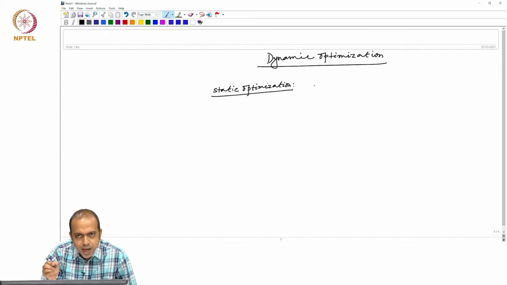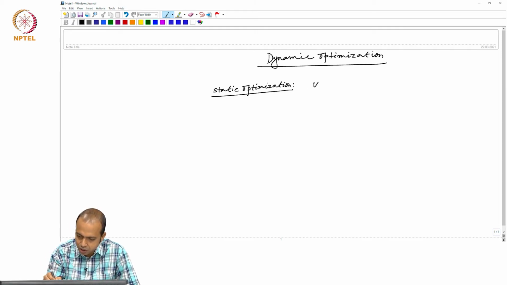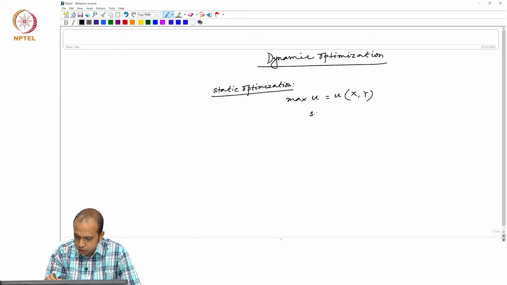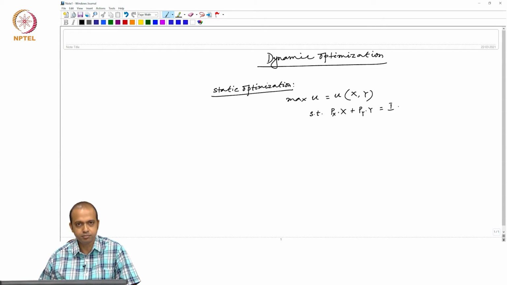Let us say that a consumer is trying to maximize his or her utility, which is a function of two commodities x and y, subject to the constraint p of x into x plus p of y into y equals your total income.